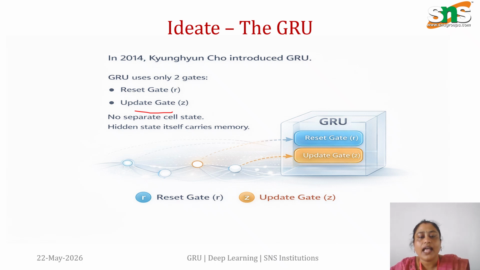The update gate represents the information to be kept. For example, in the previous case, "not" was the important word, so "not" will be updated in the memory. This is how our GRU works.